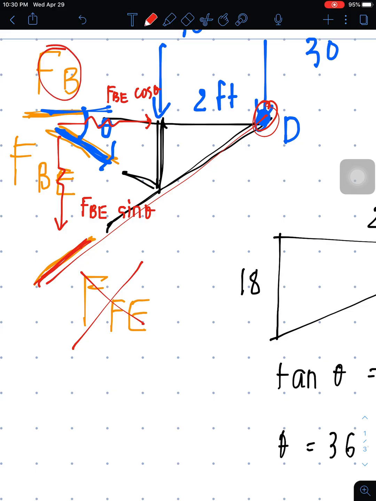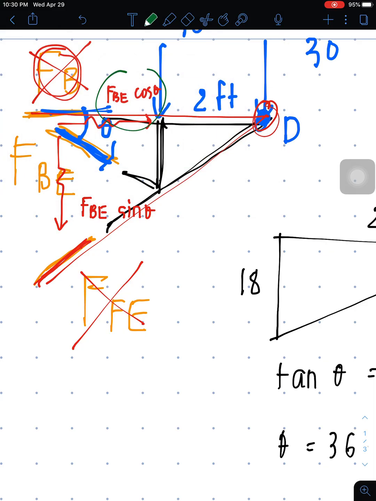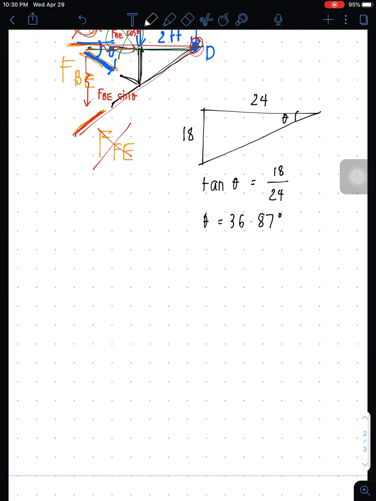Also this one passes through there, so it is removed too. And also the component that passes here is removed as well. So the final drawing would be like this.